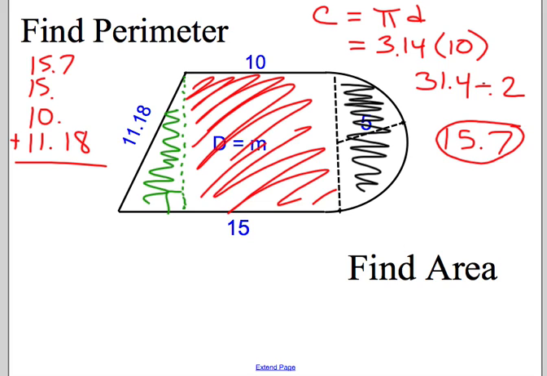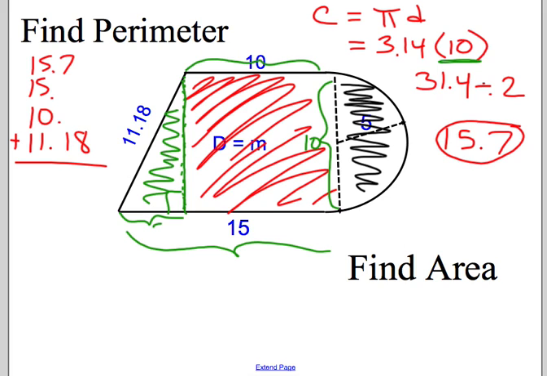We know from the previous problem that the diameter of the circle here was 10. So that would be the height of that object. So the height of the triangle right here is 10. And our base, if the whole bottom is 15 and this part's 10, that leaves me with 5.